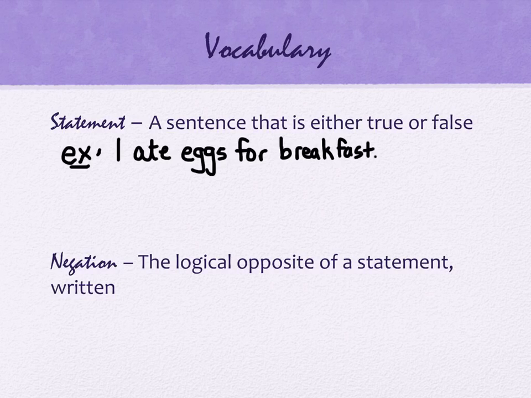It is either true or it is false. It happens to be true today. I did eat eggs for breakfast. Okay? But either this statement is true or it's false.